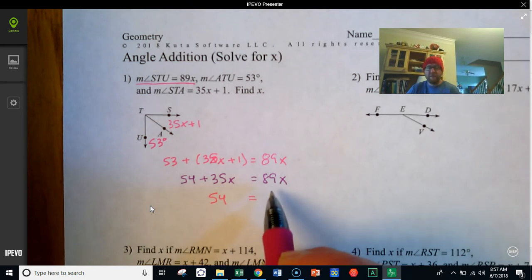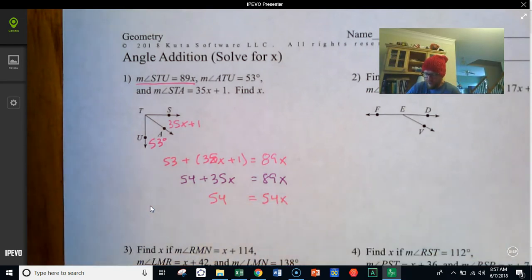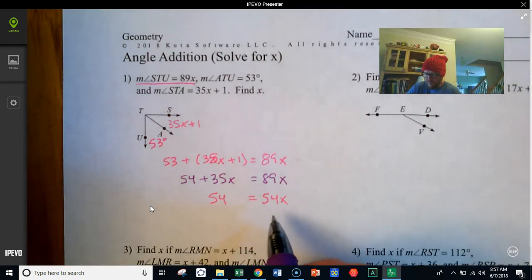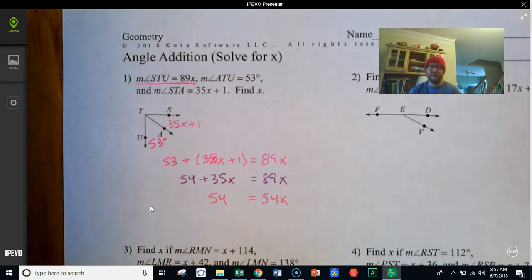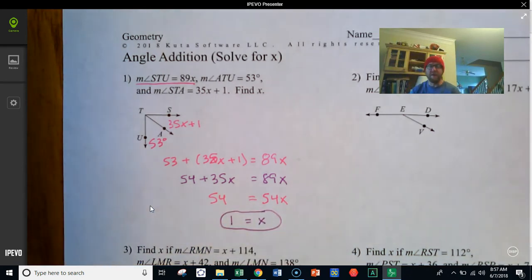We take 35x away from 89, and we have, wasn't this convenient, 54x. Now we've got a single x term, and we're just going to go ahead and divide by the coefficient, 54, in order to get the value of x. Divide both sides by 54. And I get 1 equals x.